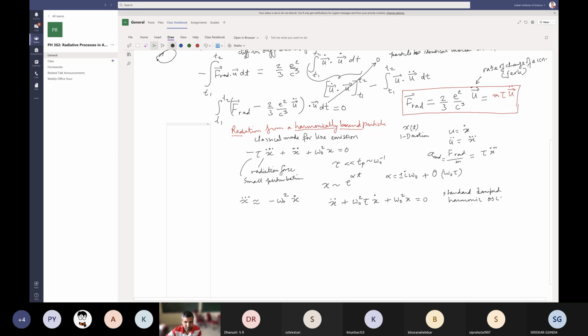It's clear how we can go from here to replace this by this, because the dominant temporal behavior is just simple harmonic motion. This term is small, so you will not make an error within this order.